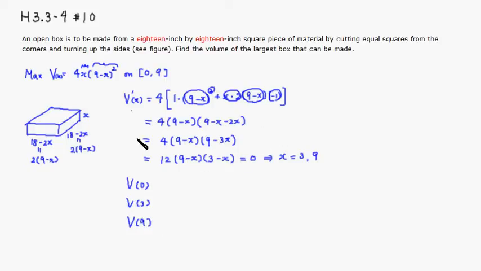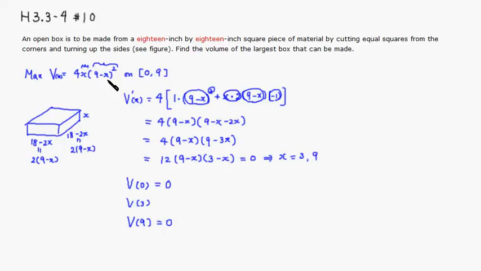If you plug 0 into the volume function, you can see that the volume is going to be 0, because there's no height. And if you plug in 9, it's also 0, because 9 minus x is going to be 0.